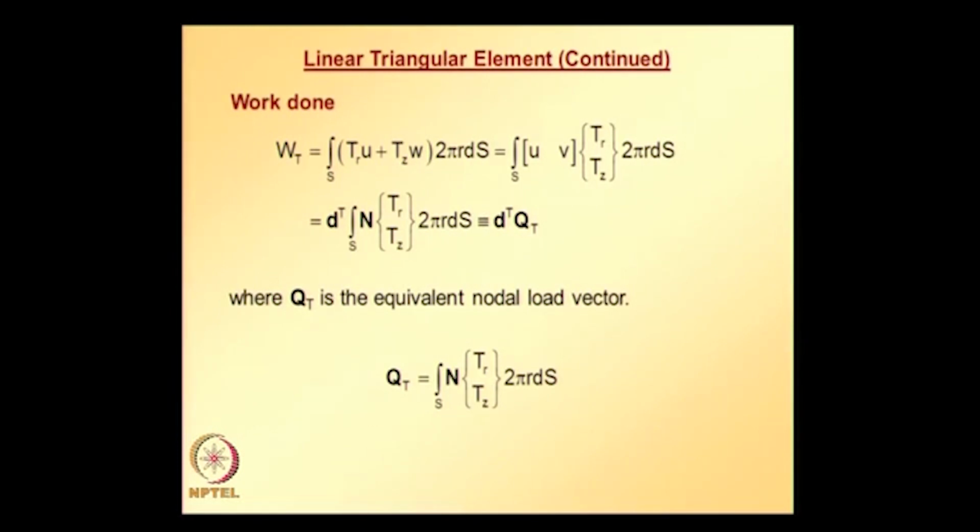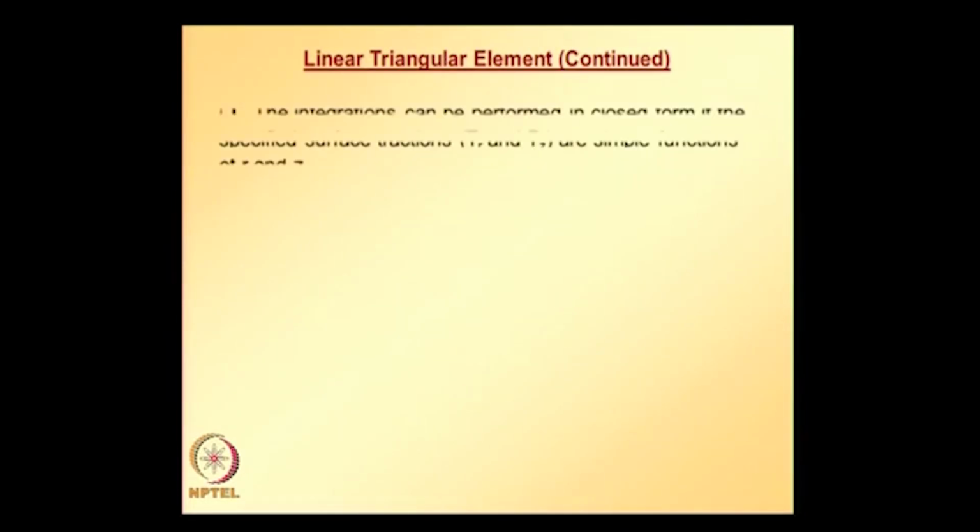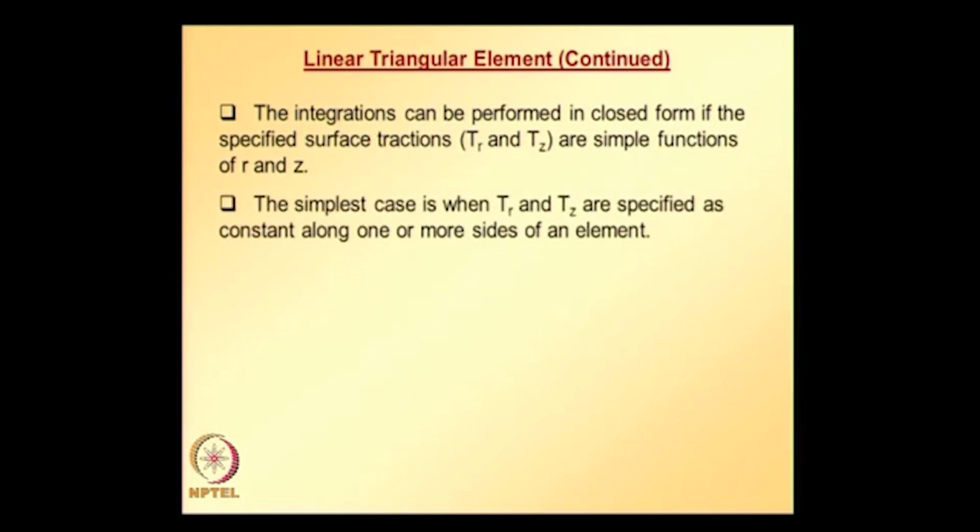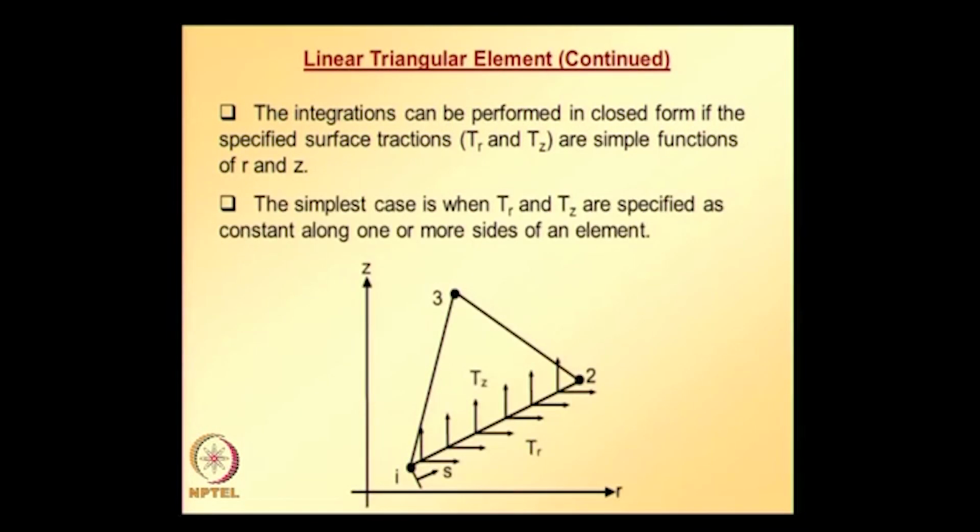And this integration can be performed in closed form if the specified surface tractions are simple functions of R and Z. Similar to what we discussed earlier, the simplest case is when Tr and Tz are constant, or uniform traction is specified along one or more sides of an element. As an illustration, consider uniform pressure applied along side 1 2, that is, Tr and Tz are constant.